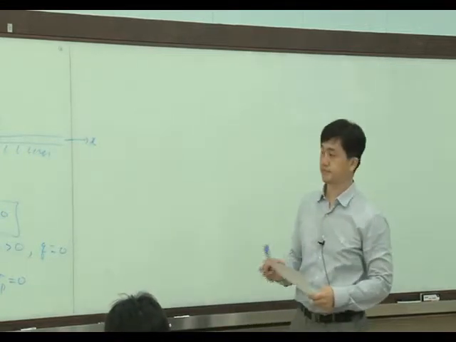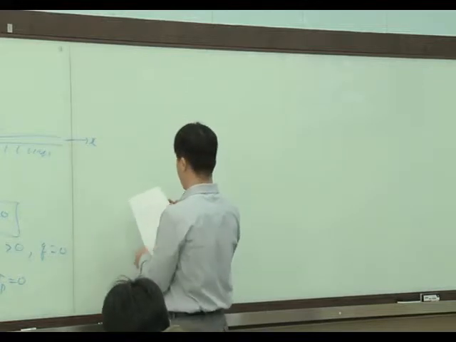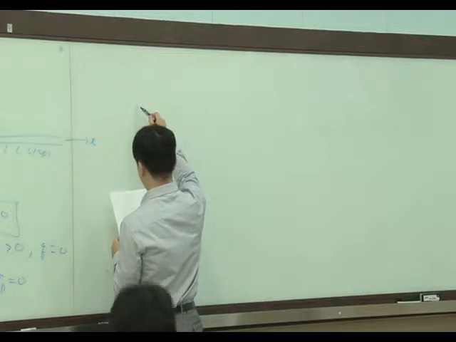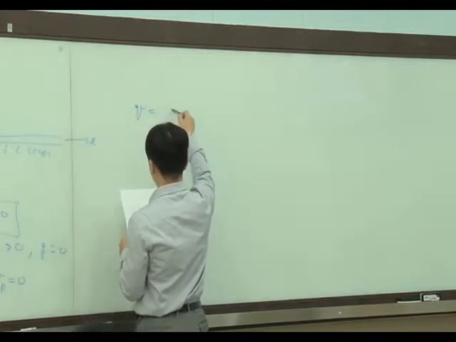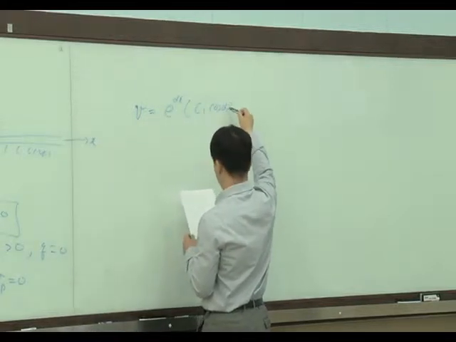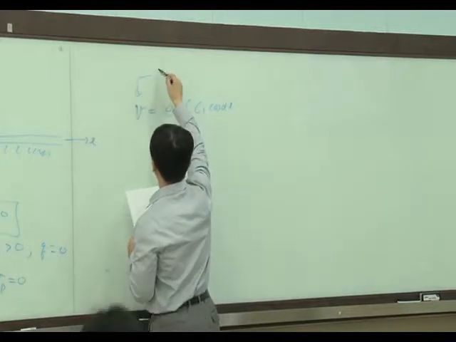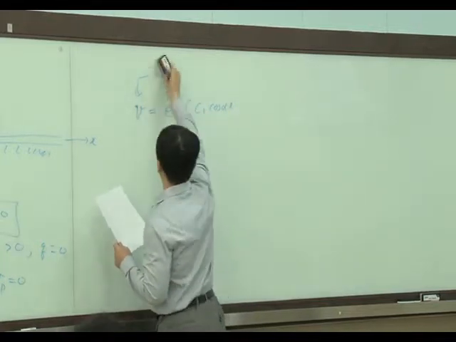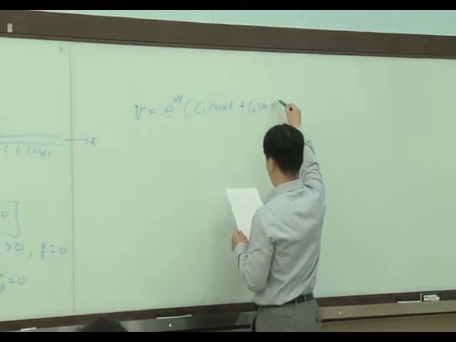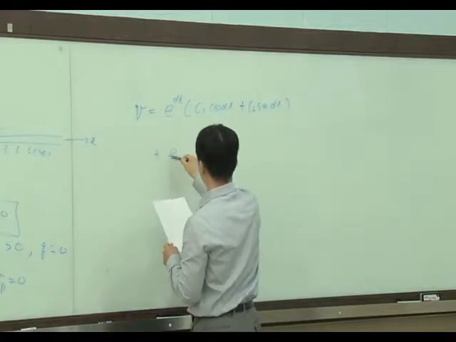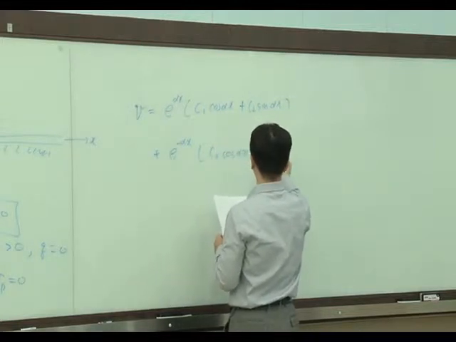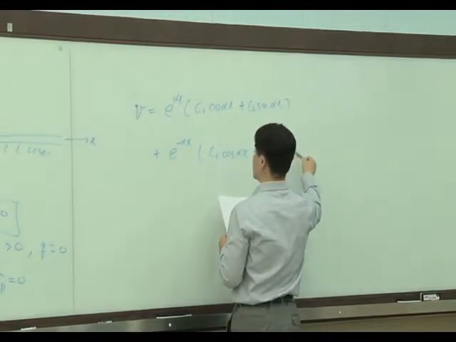Then in this case the general solution becomes v equals e^(alpha x) (C1 cos alpha x plus C2 sin alpha x) plus e^(minus alpha x) (C3 cos alpha x plus C4 sin alpha x).